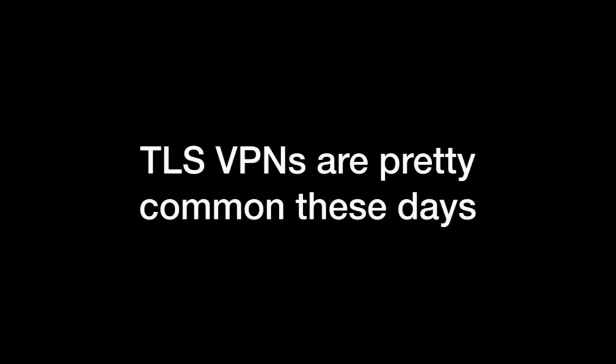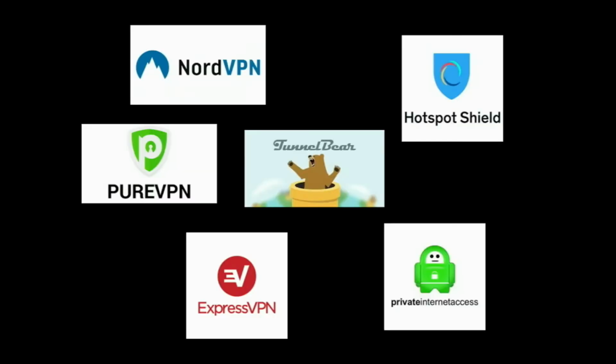There are different kinds of VPNs out there. The TLS VPNs, which are of interest today, and then there's IPsec and the ones generally used in corporates. I'm going to focus more on TLS VPNs. What I mean is things like these.